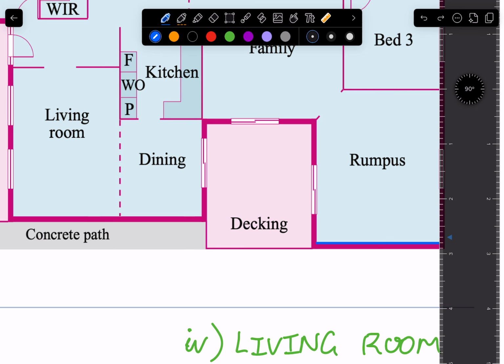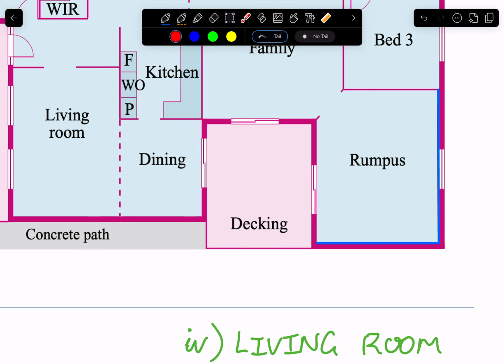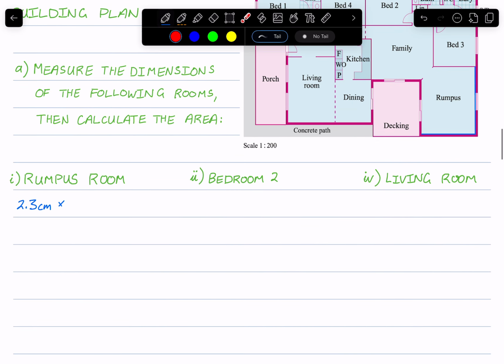We go from 0 all the way down here, so that's 0, 1, 2, 2.5 is there, 2.6, 7, and 8. So approximately 2.8 centimeters.